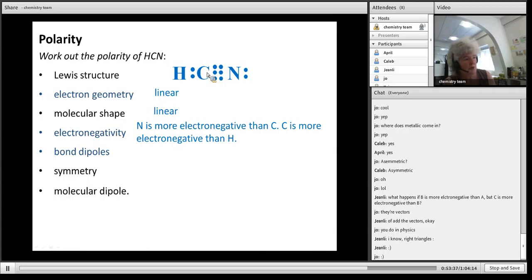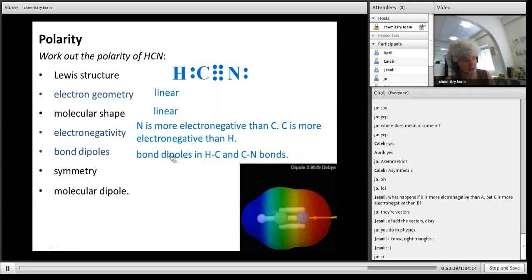And so there will be a bond dipole in both the CH bond as well as the CN bond, making this very electron dense or more negative. Try and use your terminology correctly. Like I said, making this area more electronegative is not a correct use of electronegative.